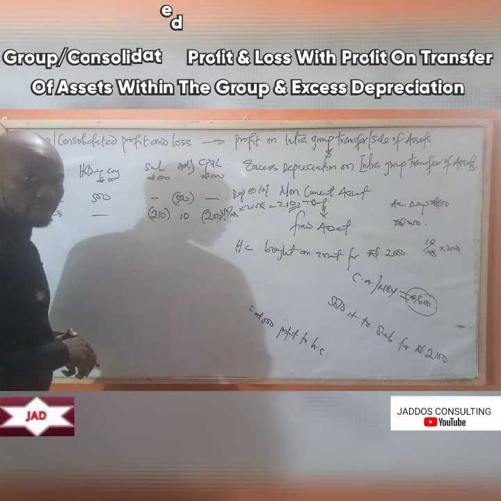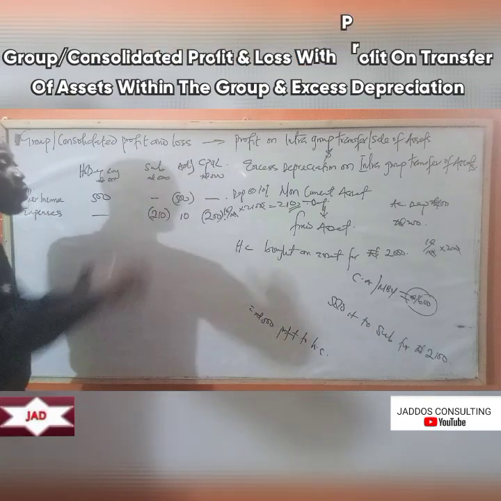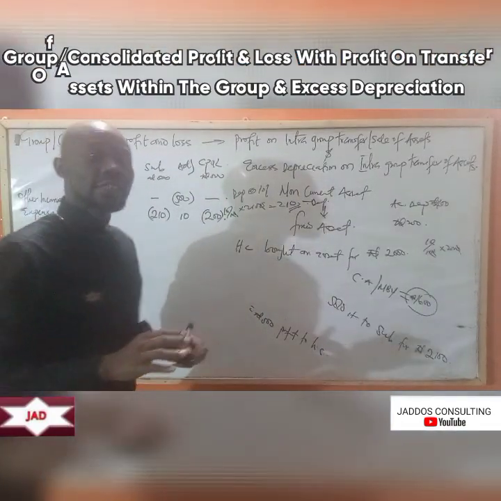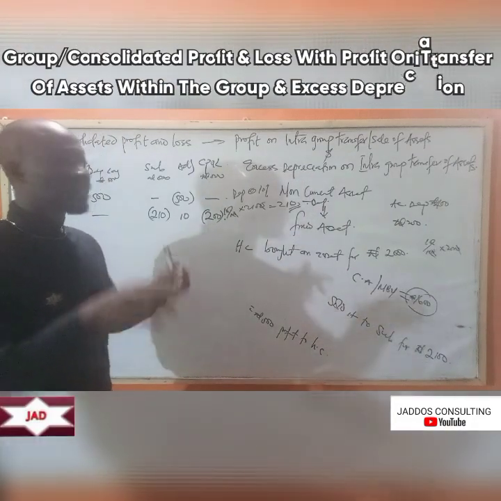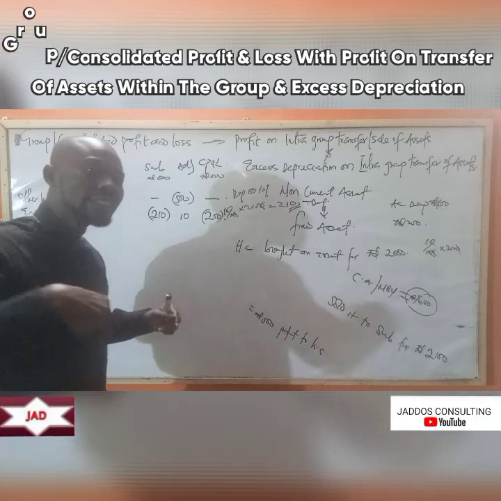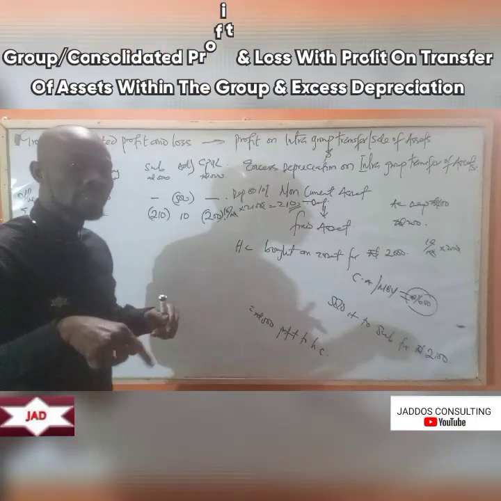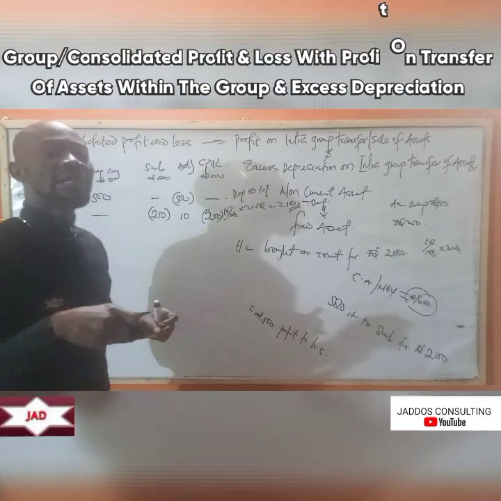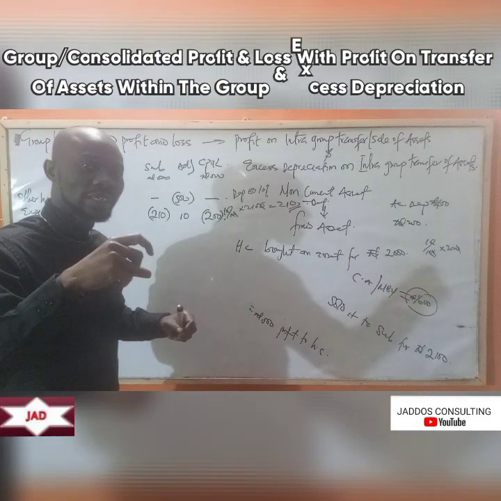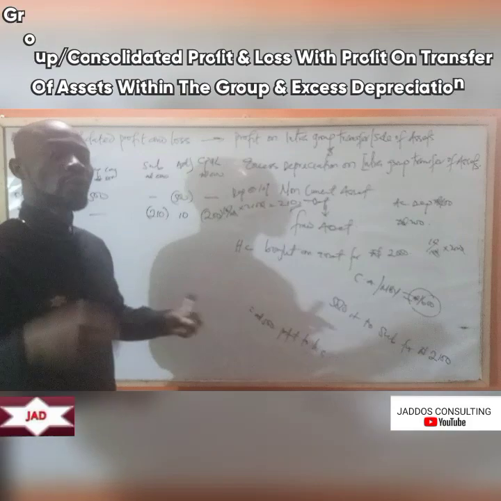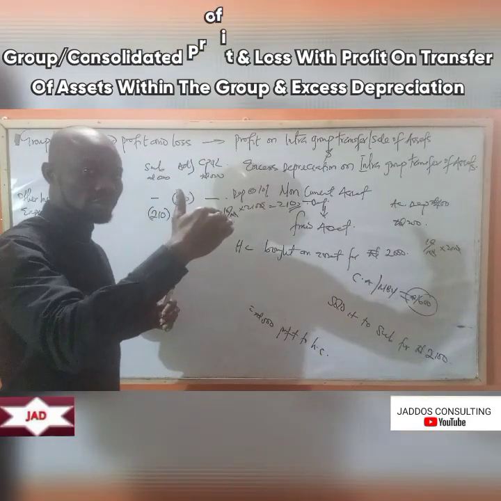Do you understand? So what we've just done here is to ensure that where there's a transfer of asset within the group, the profit element is eliminated at group level. And then we also compare the depreciation.